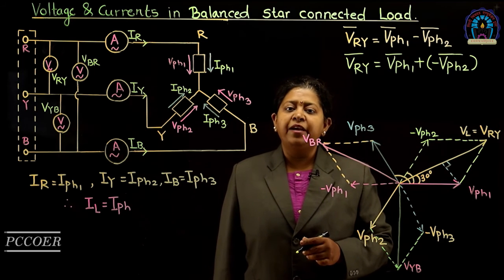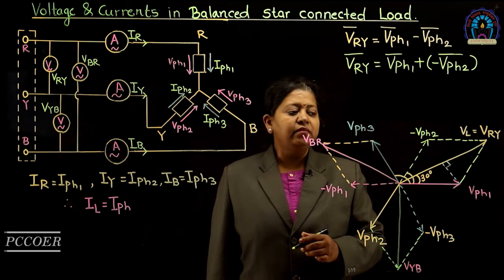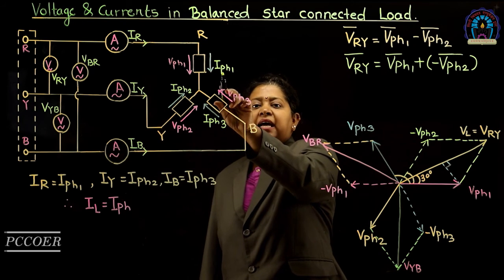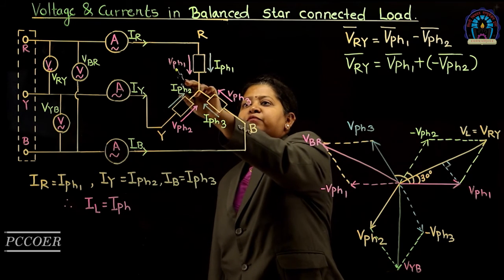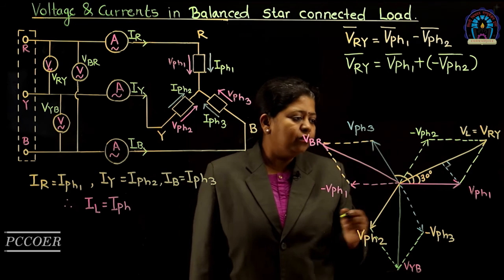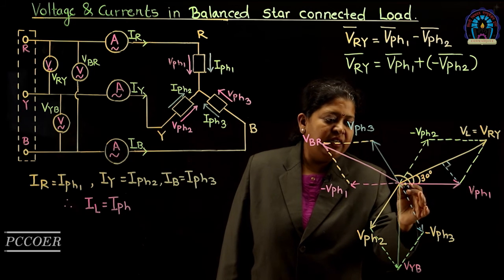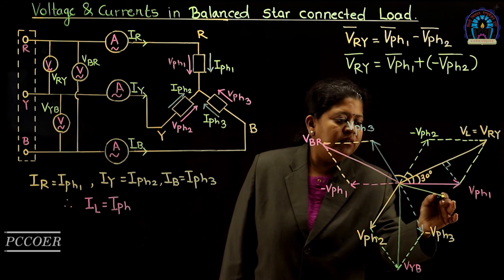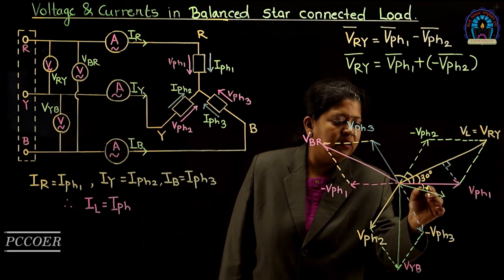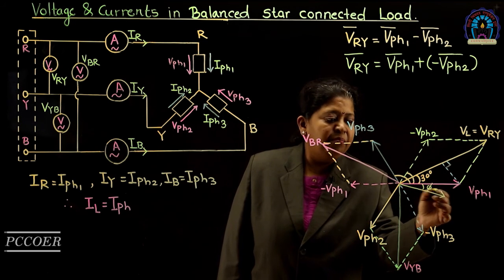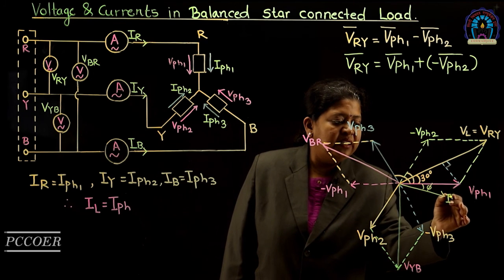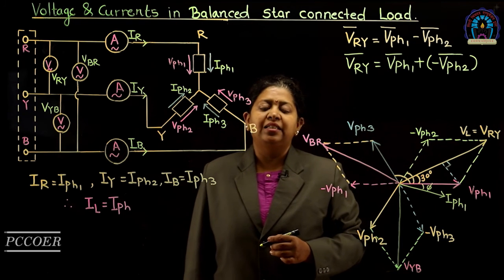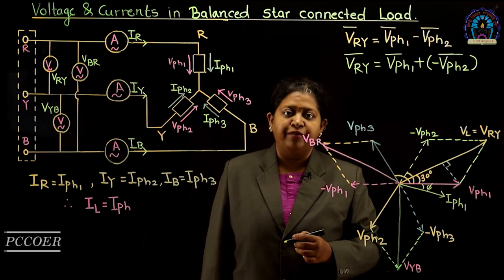Now let us draw the phase currents in this phasor diagram. The first phase current is IPH1. This IPH1 is at an angle of phi with respect to VPH1. So this IPH1 needs to be drawn near VPH1 at an angle of phi, either lagging behind VPH1 or leading VPH1, depending upon whether the load has a lagging power factor or a leading power factor.